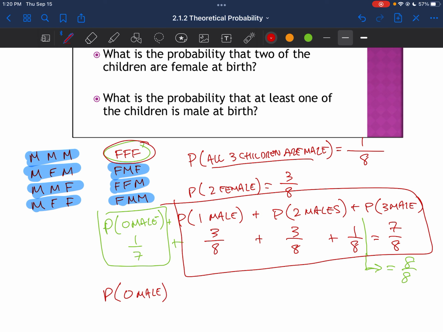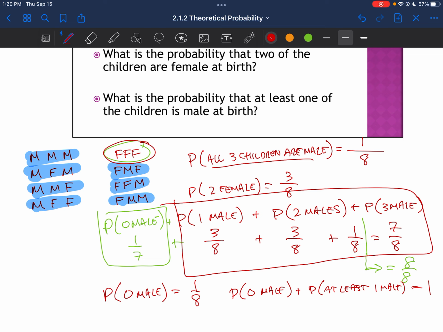It's this value right here. It's 1 out of 8. Now the probability that there's no males plus the probability that there's at least 1 male has to add to 1, because no males is the opposite of having at least 1.